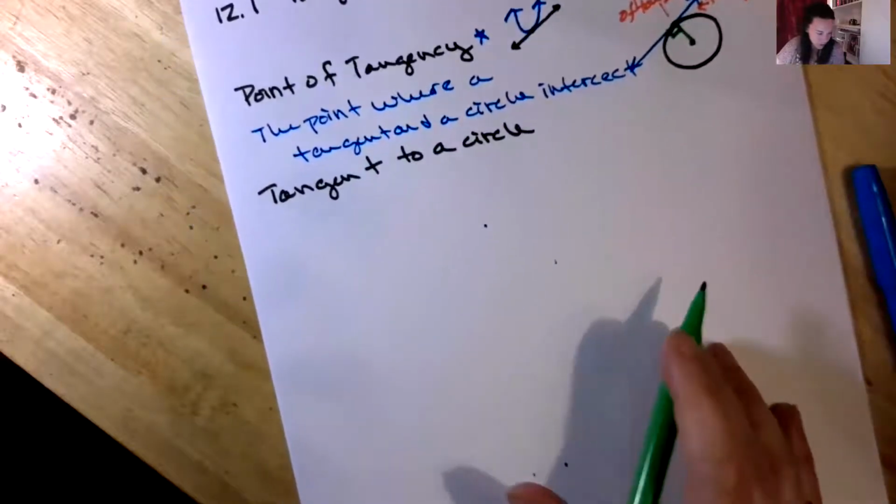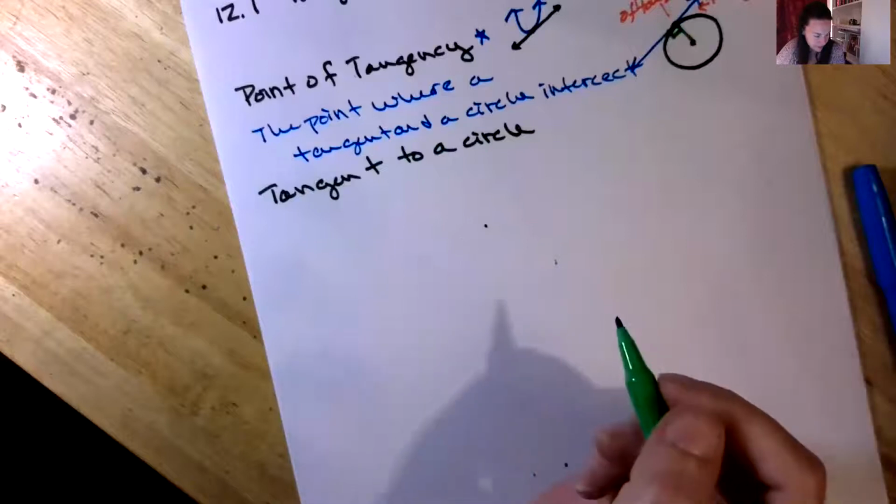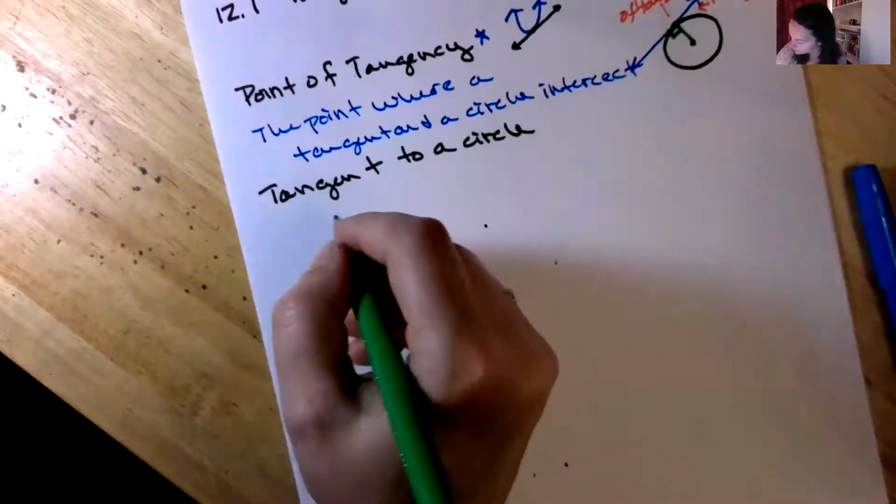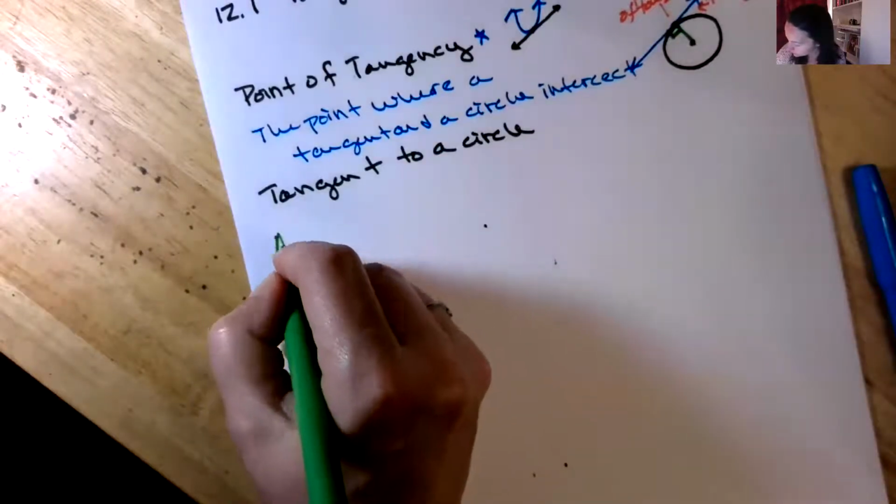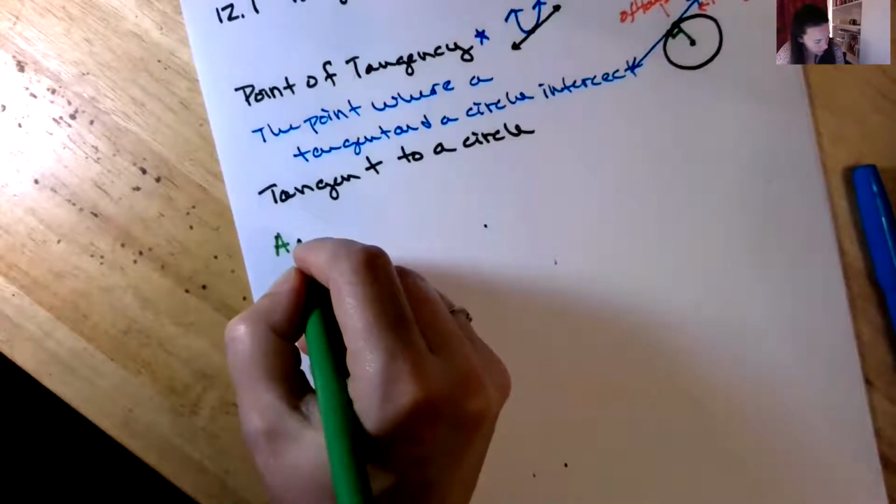So, a tangent, so this is a theorem, a tangent is perpendicular to the radius.